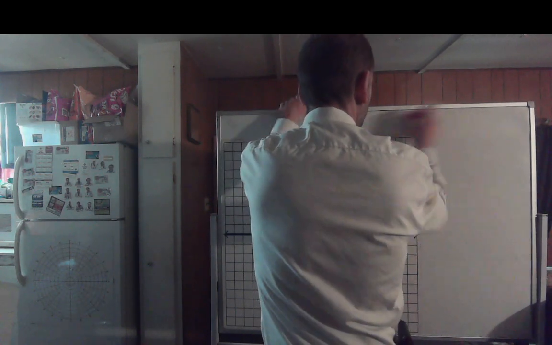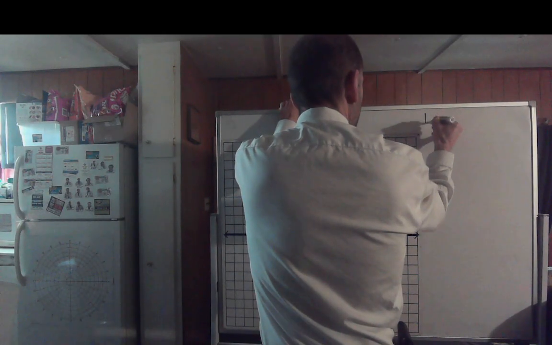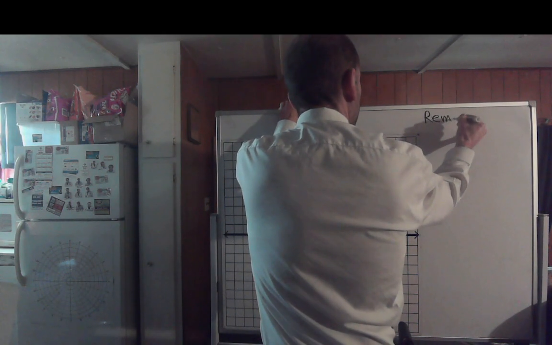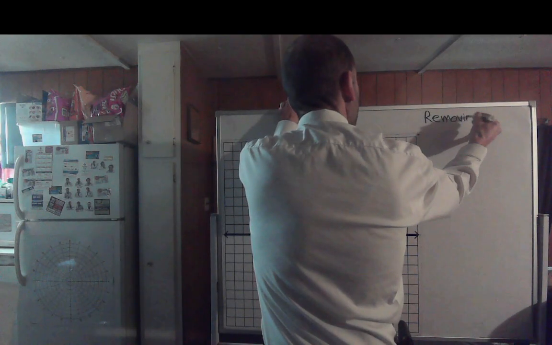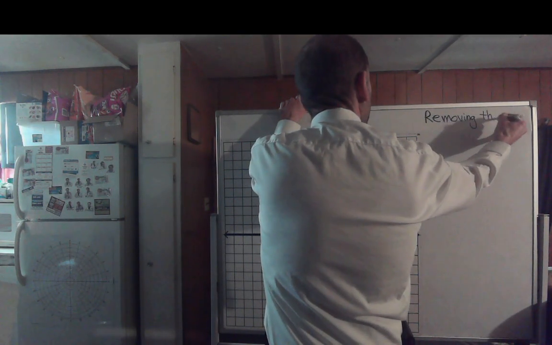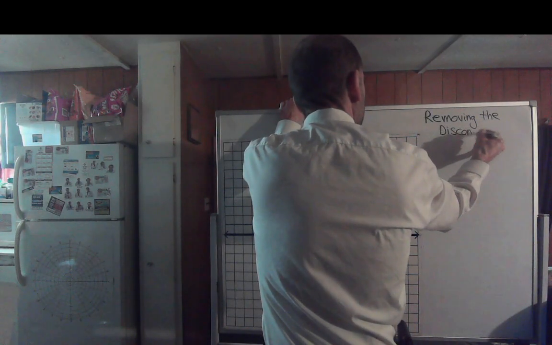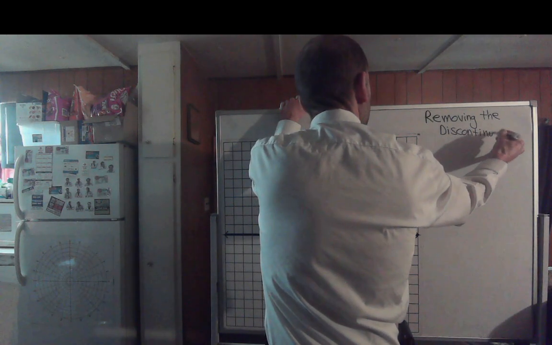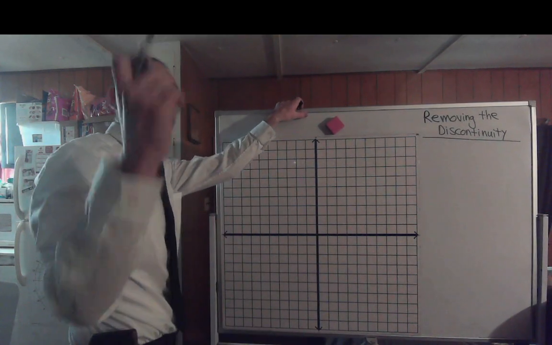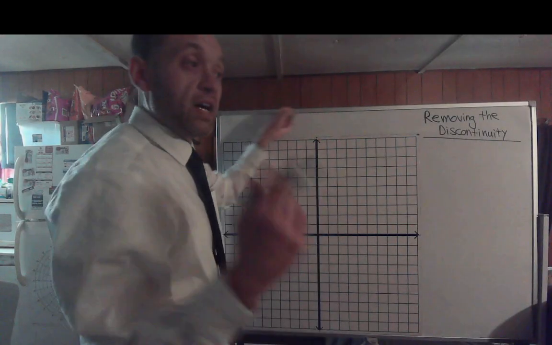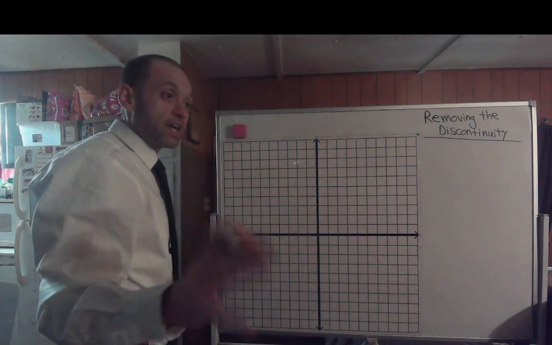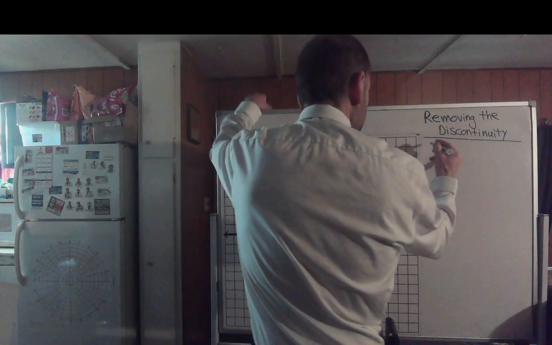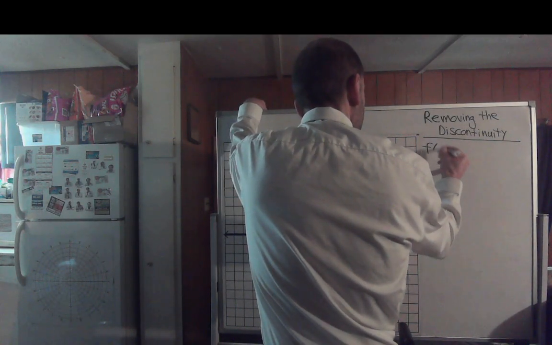Let me write down what we're doing here. Removing the discontinuity. Sometimes you may be asked to remove the discontinuity and define it at that value. It's actually super easy.